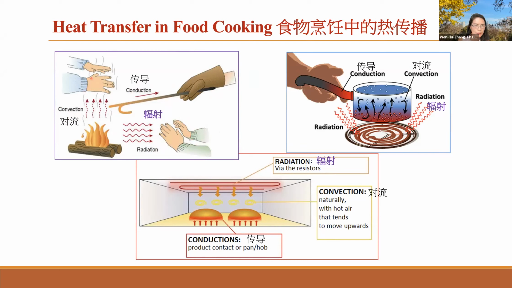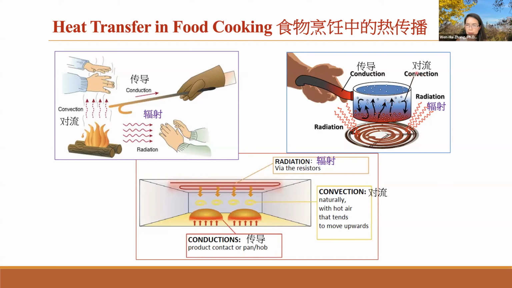You don't need to be very close to the source. For example, when we cook a pan of water, there will be conduction in the handle. Convection is the water circulation: the hot water rises, and then the cold water goes down to the bottom. So that's a circulation.